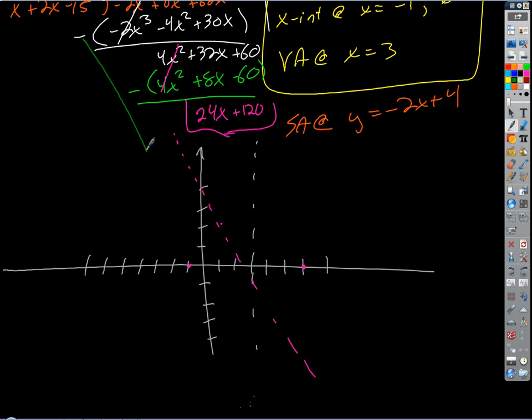It's going to peel off and go through that point, and then it's just going to gradually approach that asymptote. On this side over here, same kind of thing. And there's a hole. Where was the hole? Negative 5. Okay, so then clear back here, there should be a hole up there somewhere, right? Make sense? Yes.